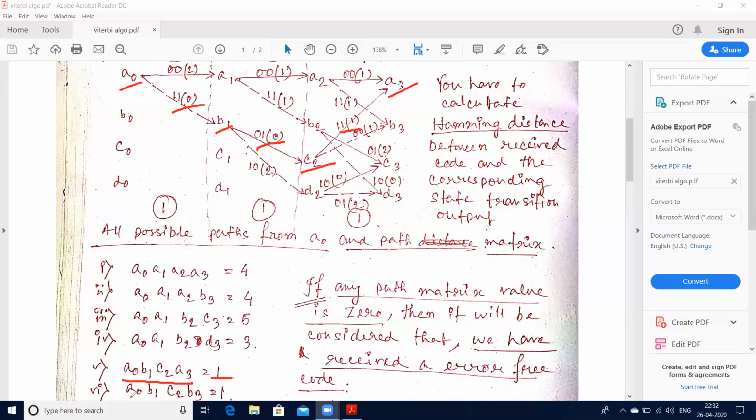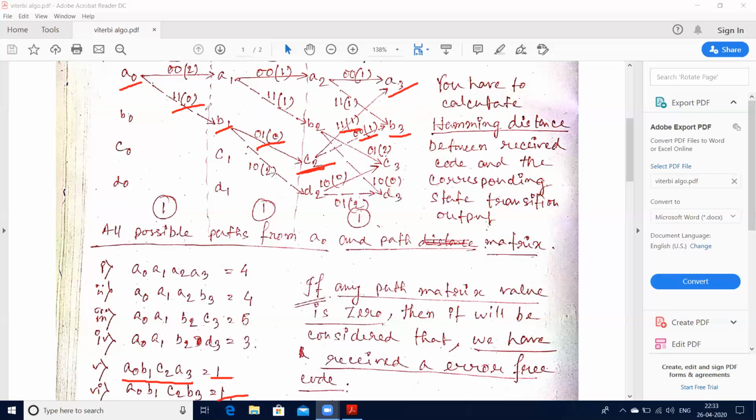Again, when we consider A0, B1, C2, and B3, this is 0, this is 0 again, and this is also 1. You add all the Hamming distances and get the path matrix as 1.